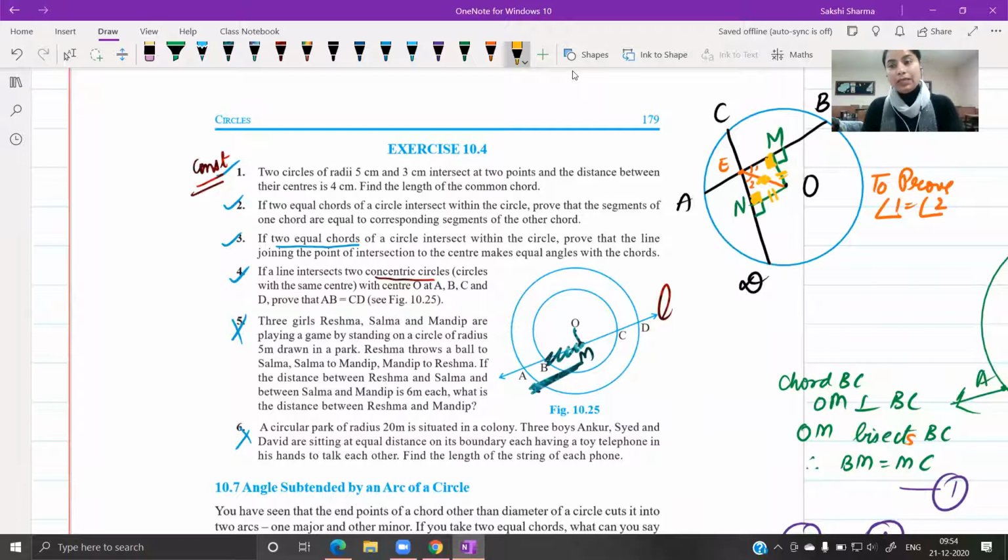This works for any kind of chord, doesn't matter how it's drawn, how short or long it is, or whether it passes through the center. But that's a conclusion that can be drawn, and it could be asked to you. That's a good aptitude kind of thing that can be concluded.